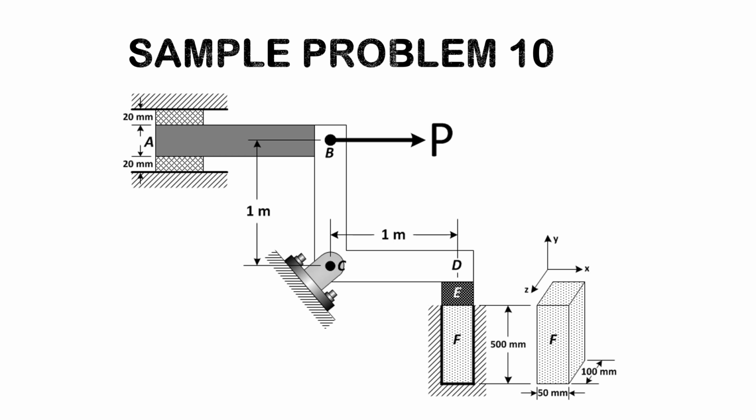The common mistake when this problem was given as an exam was this: firstly, for the force P, the students assumed that the force in member AB is automatically P. So this is wrong. P is actually applied on BCD.